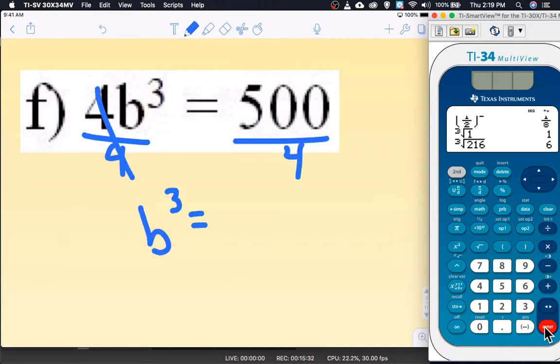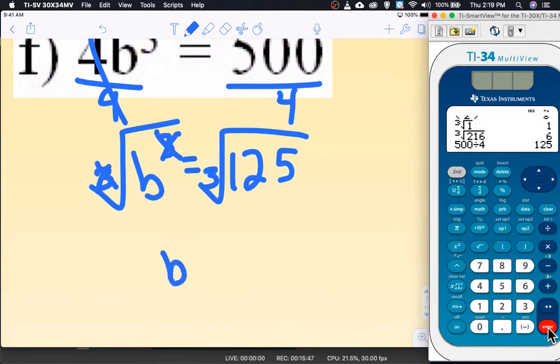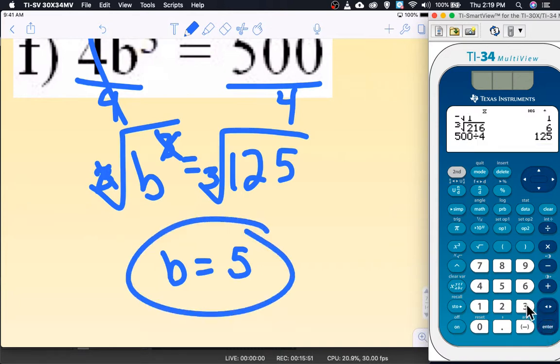B cubed equals 500 divided by 4, which is 125. We are going to cube root each side, and these cancel. And B equals the cube root of 125, which is 5.